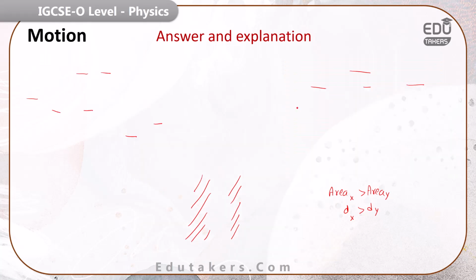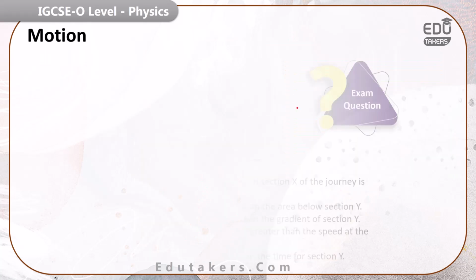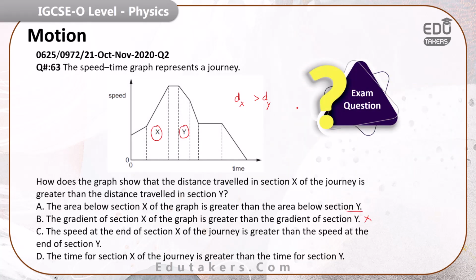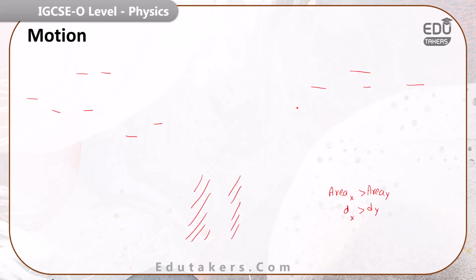Now let's see why answers C and D are both incorrect. In C, it's given that the speed at the end of section x of the journey is greater than the speed at the end of section y. And in D, the time for section x of the journey is greater than the time for section y.